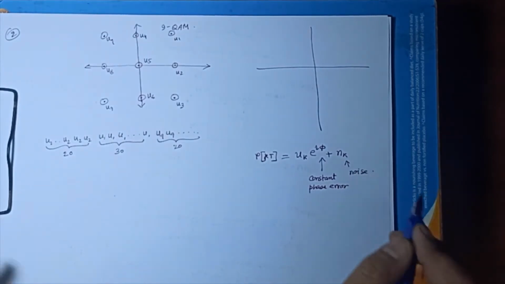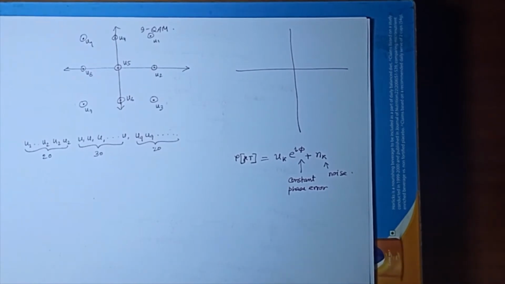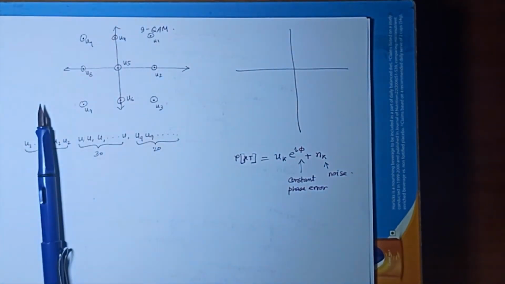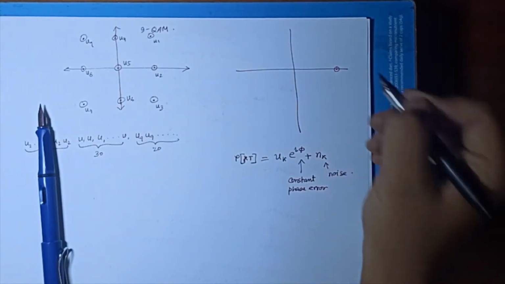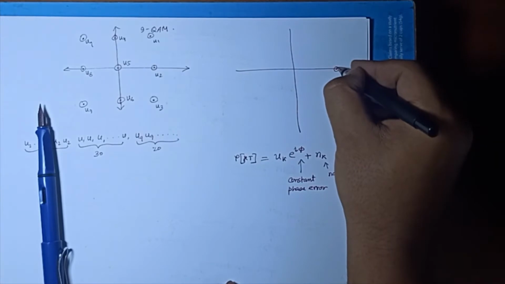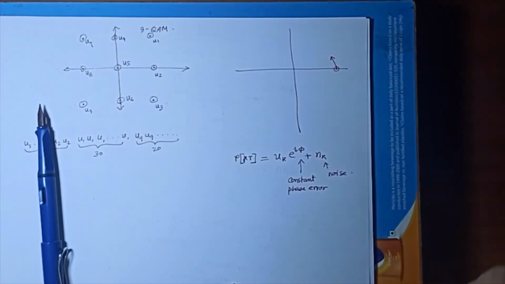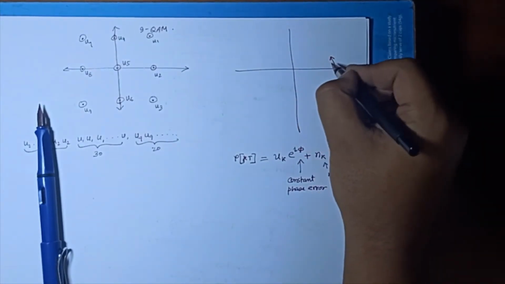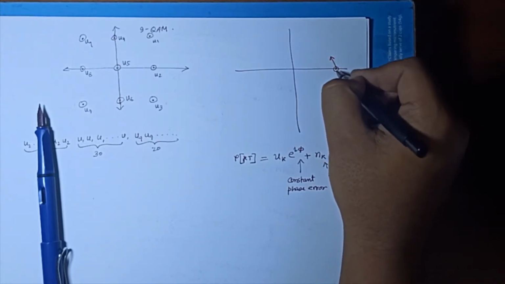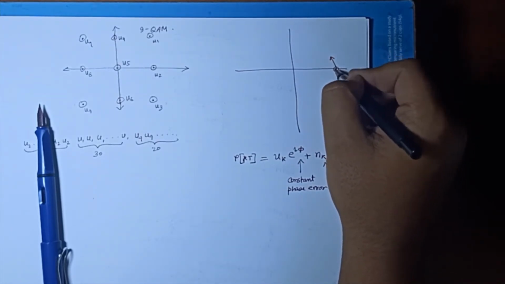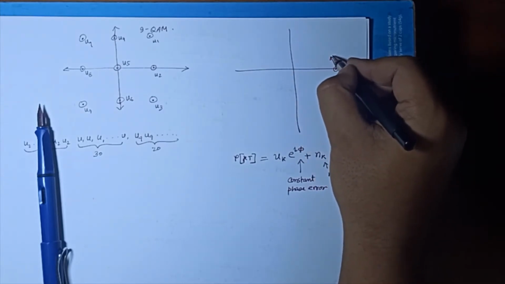So when I am receiving all U2s, I already expect that something will come around this U2. This is your U2. But what is coming is that there will be some phase error. So this is your U_k e^(j phi), phi angle counterclockwise, and then the noise.